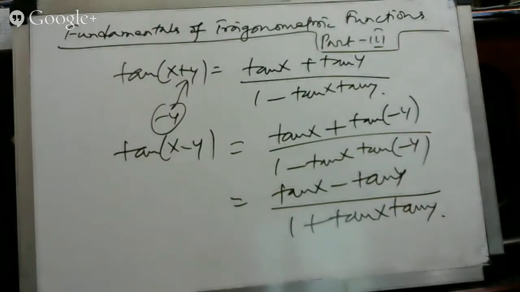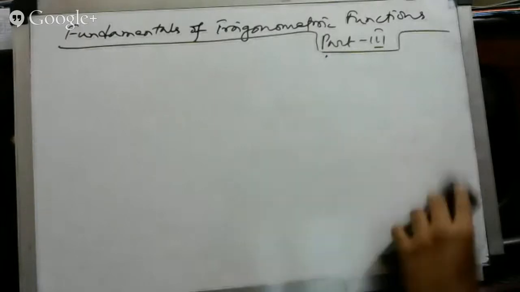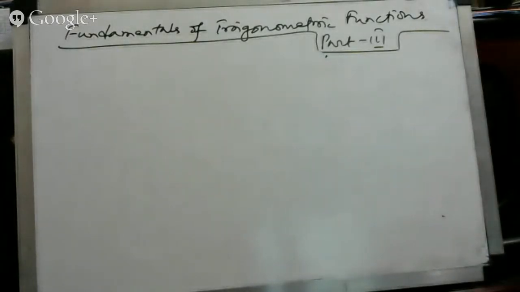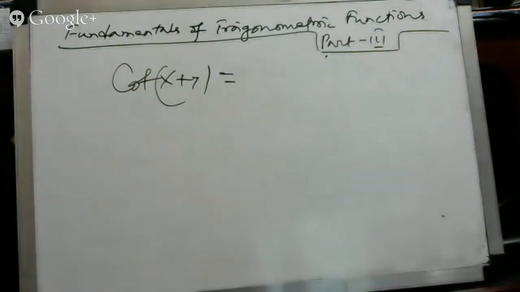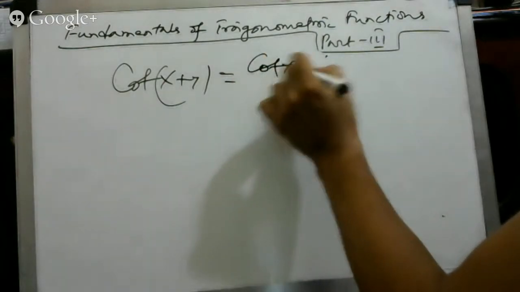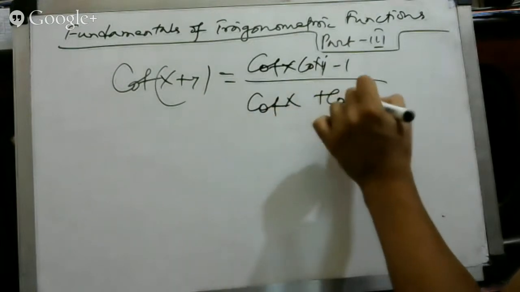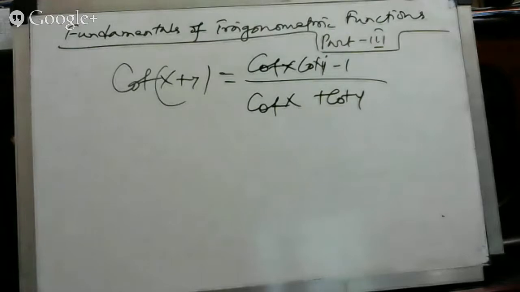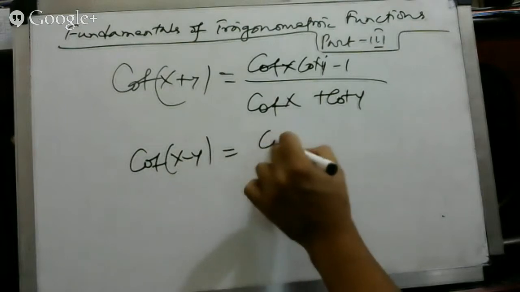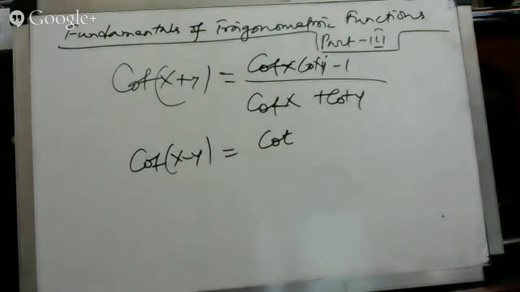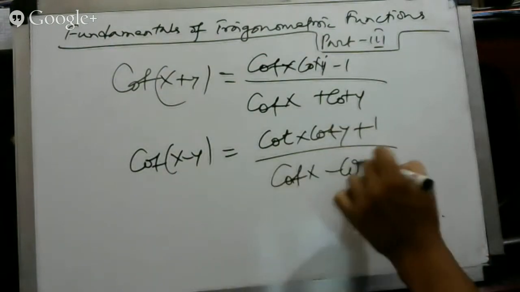Similarly, we can derive the other identities, cot of x plus y, and in the similar fashion we can prove it: cot x cot y minus 1 divided by cot x plus cot y, and then cot of x minus y is equal to cot x cot y plus 1 divided by cot x minus cot y.